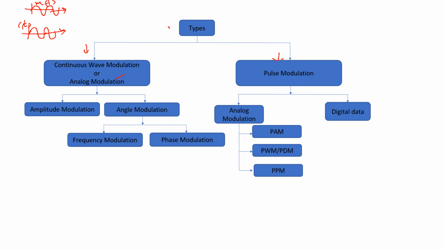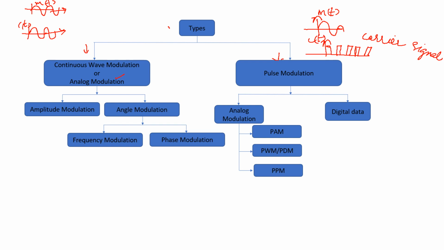Whereas if your message signal is analog and your carrier signal is a train of pulses, then it comes under the category of pulse modulation.